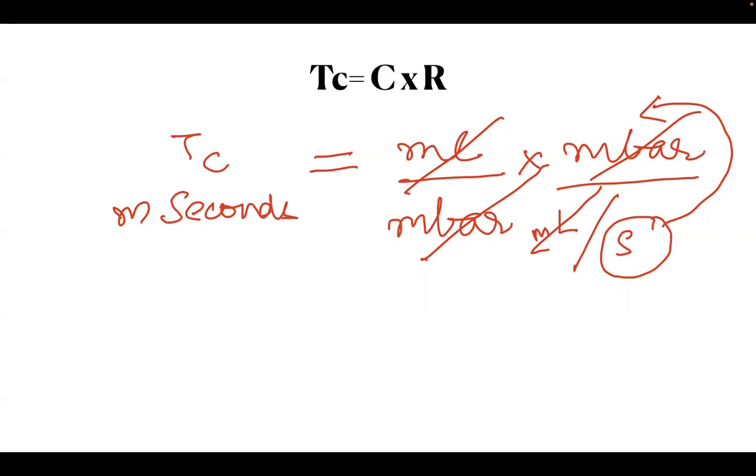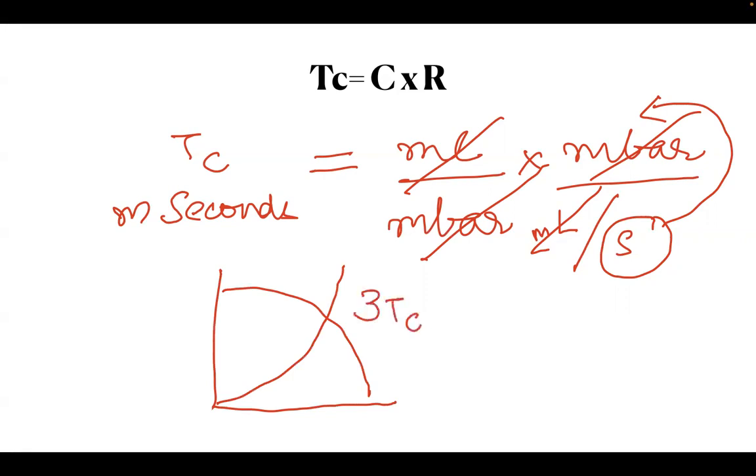Like we saw in the previous graph, to allow the lung to inflate or deflate, you have to have enough time for it to happen. If you set 3 times the time constant that is determined by the physiology of the lung you are ventilating, or the pathophysiology of the disease, then you will allow at least 95% of the desired volume change to happen, whether in inspiration or in expiration.